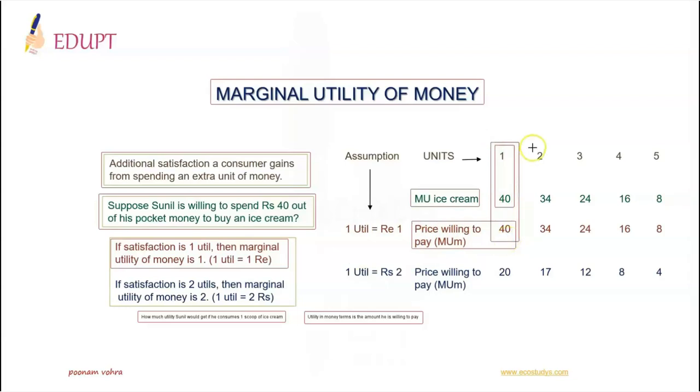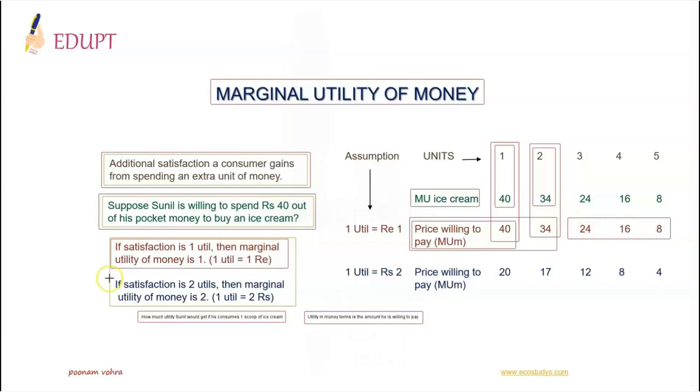Similarly, for 2 units, if marginal utility is 34 utils, it implies that he is willing to pay rupees 34 for 2 units. So as more and more units are consumed, marginal utility goes on declining and the price he is willing to pay also goes on declining.